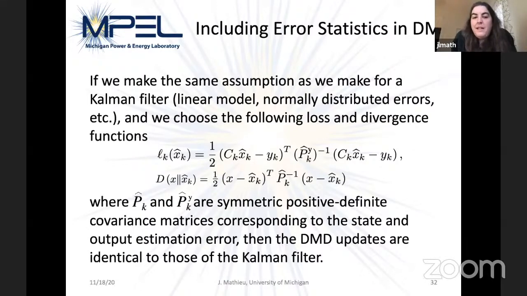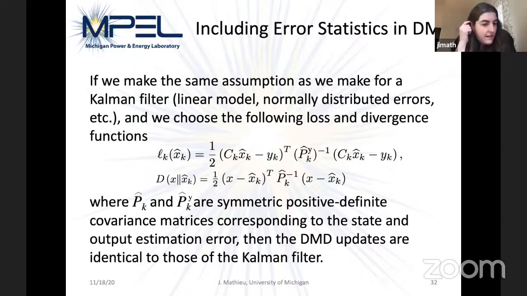But in order to do that, we have to leverage these covariance matrices P. So P hat K and P hat YK are this state and output estimation error represented in a covariance matrix. And that's what's required for a Kalman filter, that you have to estimate that based on historical information.